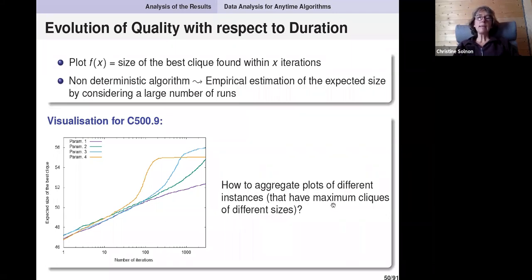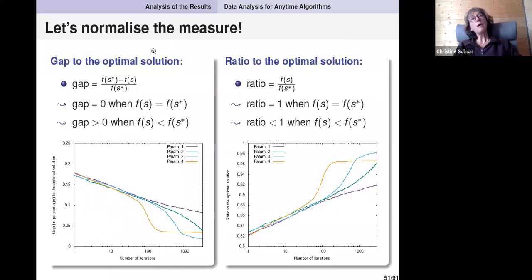And in this case, the maximum clicks have different sizes. Here, the maximum click has a size of 57. But if I average this plot with a plot where the best click has a size of 10, I will obtain something which is not significant. So in this case, I have to normalize the measure.